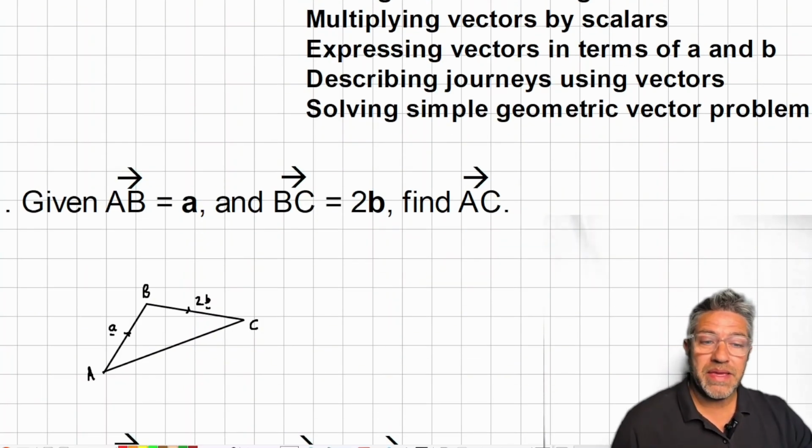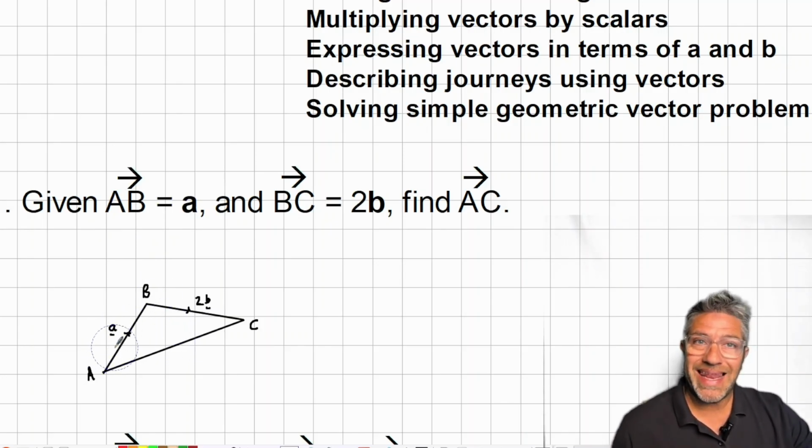So if we take question 1, given AB. Now, I should start off by saying, when we refer to vectors AB, there is always an arrow above that vector, and that indicates the direction. So we're going from A to B, and that equals vector a. Quite often, vectors are written in bold type, or as you can see from the diagram below, with a line beneath that letter.